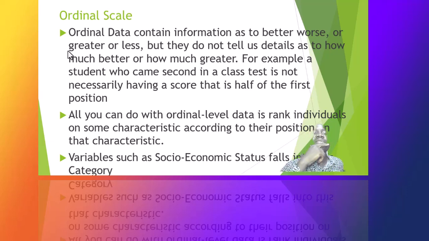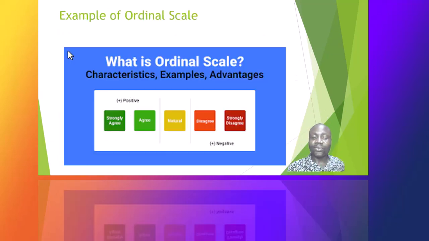So basically, we have seen that the ordinal scale will tell us the difference. All we can do with ordinal scale is to rank individuals on some characteristic according to their position on that characteristic. Variables such as socioeconomic status fall into this category.